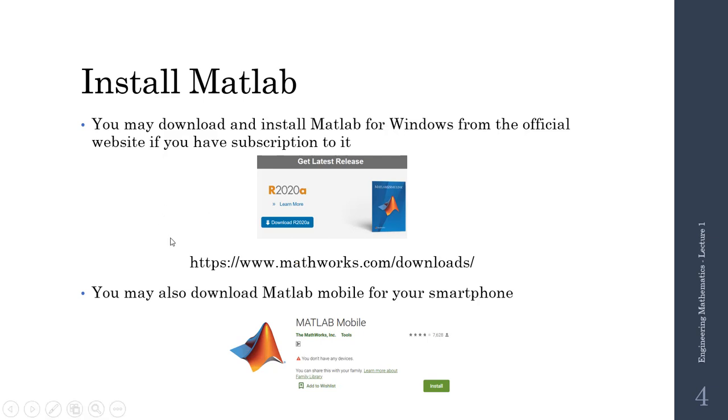Here's the link to download Matlab, mathworks.com downloads. For mobile, if you use Apple, you may search the App Store, or if you use Google, maybe Google Play, you will find Matlab mobile and try to install it.